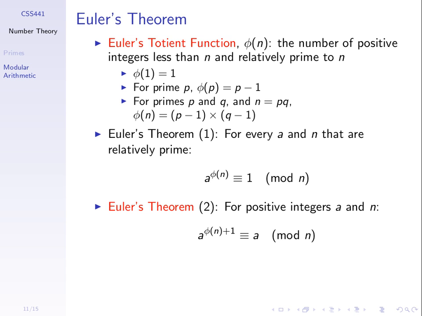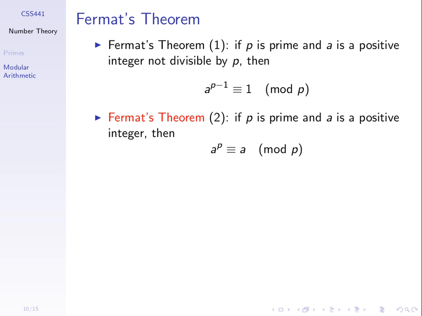Euler, from Euler's totient function. And Fermat's theorem comes in two forms. Let's focus on the second form. It's the same theorem but just stated in different ways. We'll just use the second form.